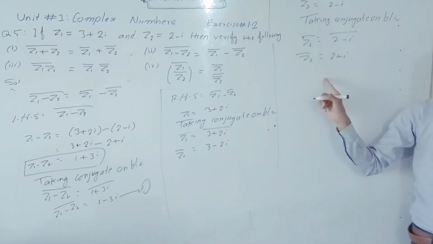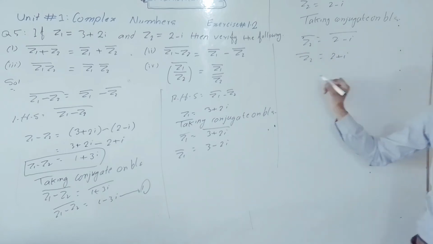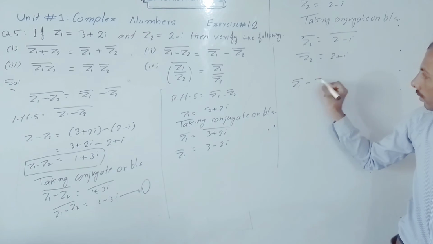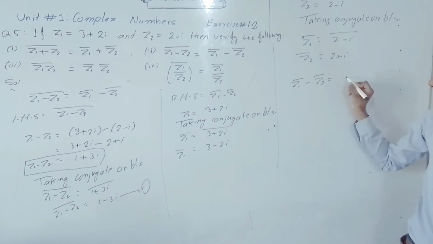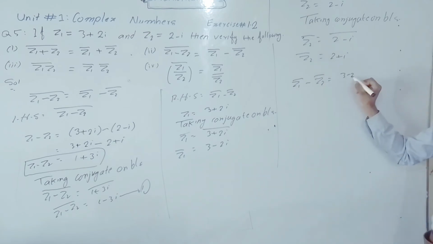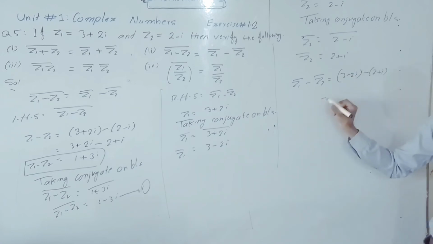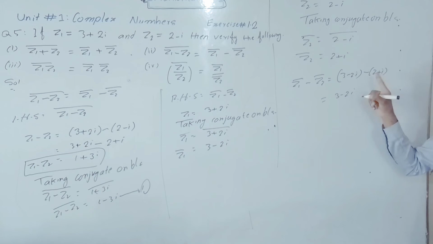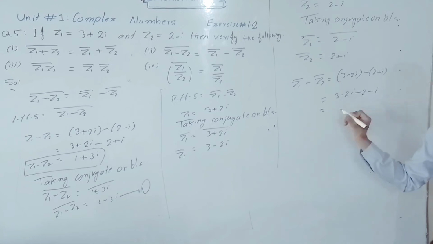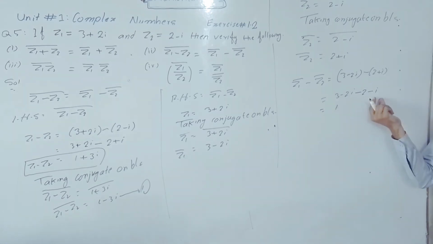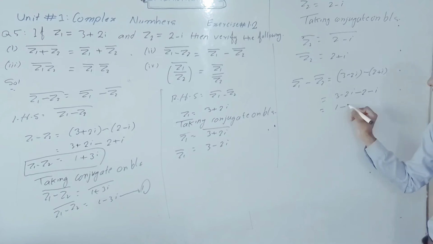Combining, Z1 conjugate minus Z2 conjugate is equal to 3 minus 2 iota minus 2 plus iota, which is equal to 3 minus 2 iota minus 2 minus iota, which is equal to 3 minus 2, equal to 1, minus 2 iota minus iota, equal to minus 3 iota.